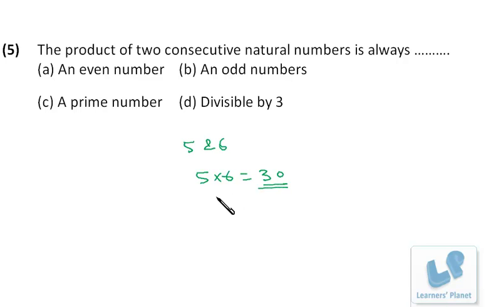Similarly, I take one more example, so I can reach a correct conclusion, maybe 7 into 8, or maybe 6 into 7. Okay, now it's an even number, that is true in all the cases, so it's correct. Odd number, it's not true. A prime number cannot be true because it's a product of two numbers, so it cannot be a prime. Divisible by 3 is not always true. In this case, it's not divisible by 3, right? Because from 3 consecutive numbers, only one number is divisible by 3, right? So we have an even number as the correct choice. I hope you are clear.